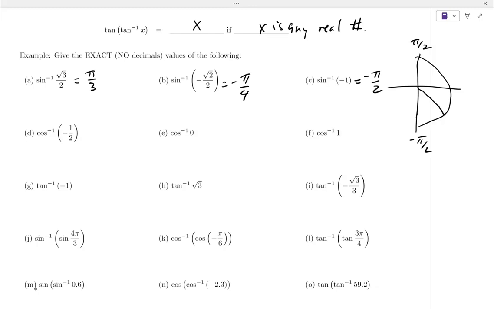So rather than being in quadrant 1, we want to be in quadrant 2. So what angle instead should we be talking about? Is it negative? Well, the negative would be down in quadrant 4, right? And again, for inverse cosine, it has to be between 0 and pi. So nothing that comes out of inverse cosine will be negative.